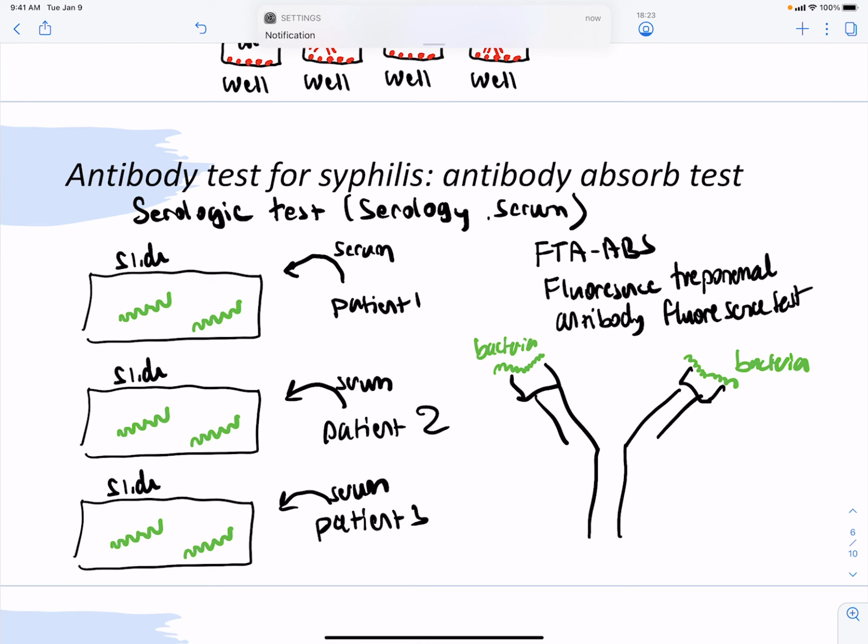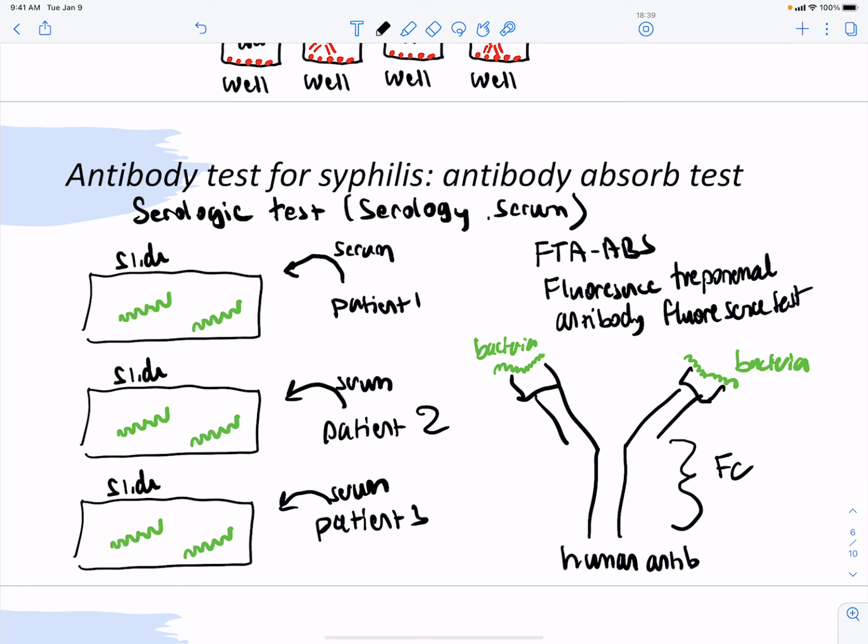And then you're going to have in your trunk, this is the Fc region. And this is coming from people. This is patients. These are people. So this is a human antibody. And so what we do, which is really clever, is we take our human Fc region and we inject it into an animal, such as a rabbit.